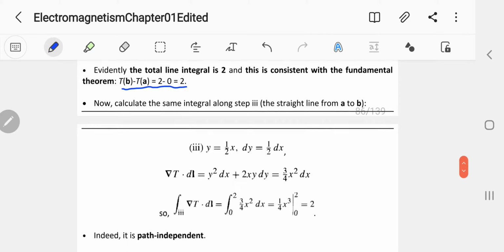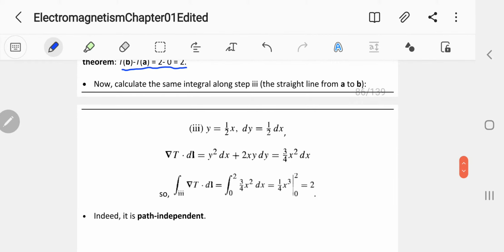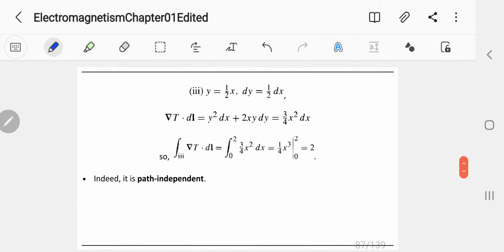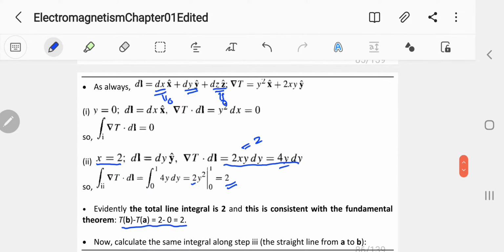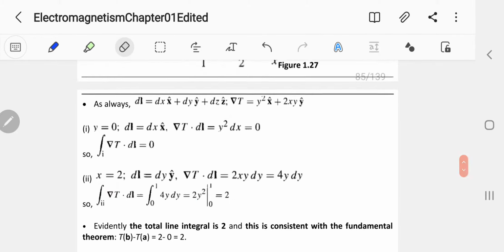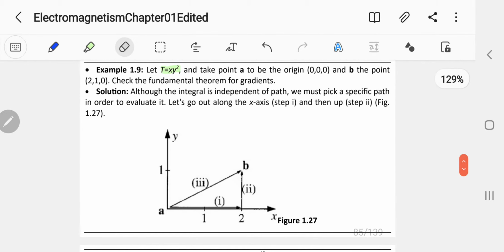Now we can calculate the same integral along step 3, the straight line from point A to B. So in this case, if we go back to the figure, from point A going to point B, both x and y are not constant, they are dependent on each other.